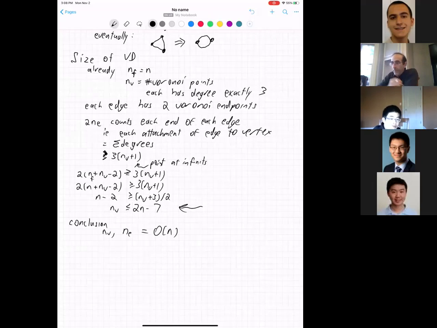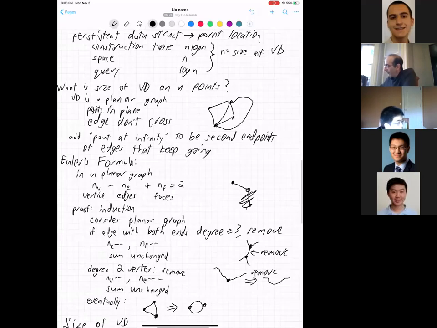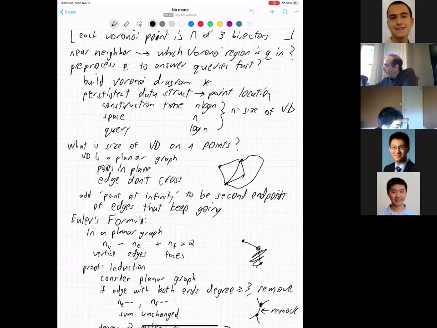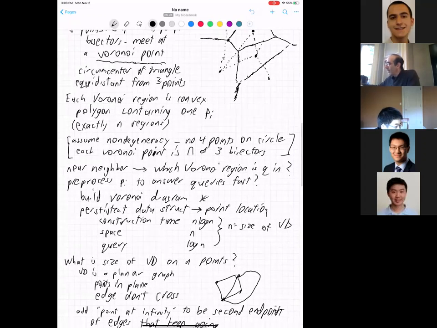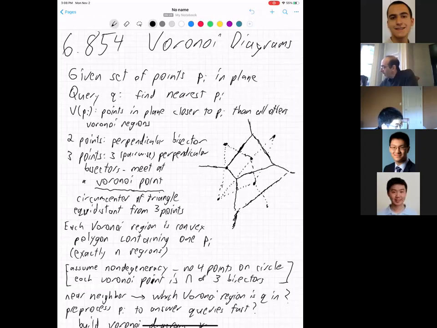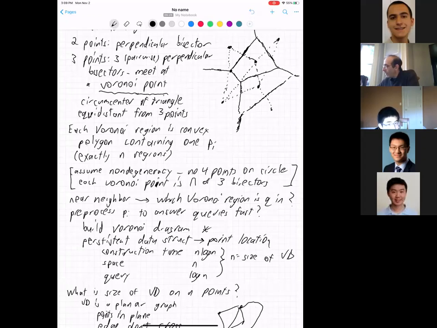Can you go back to the top and explain what the persistent data structure is? So that was lecture 2. For those of you who joined the class late, you're going to have to back up and do a little bit of catch-up reading. In lecture 2, we talked about persistent data structures and how they could be used to build a data structure for answering point location queries.